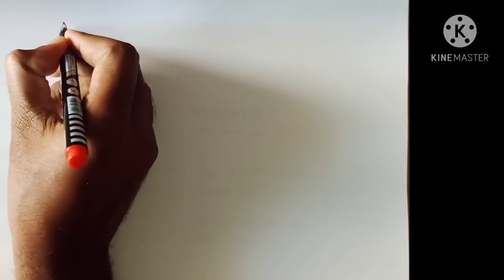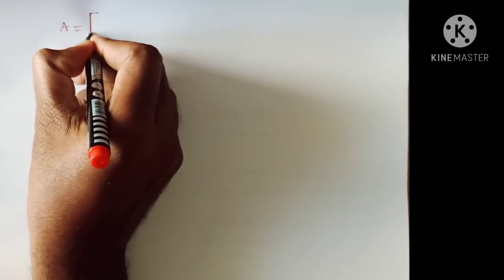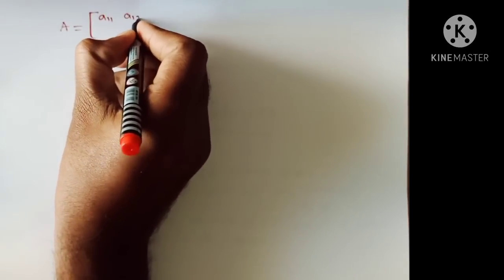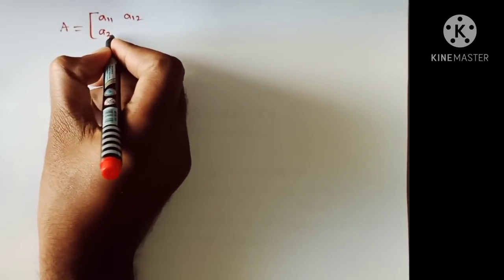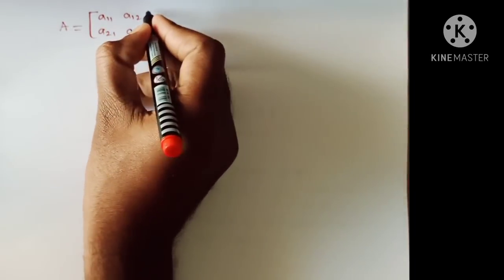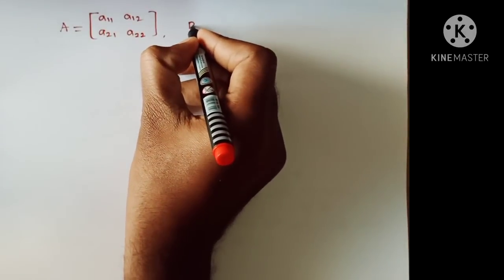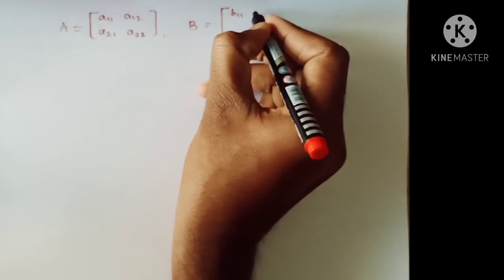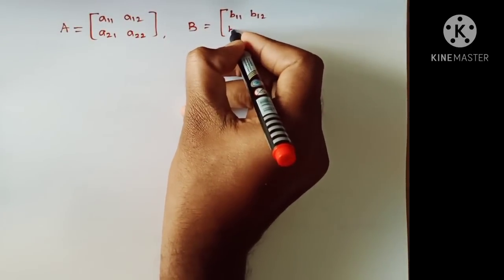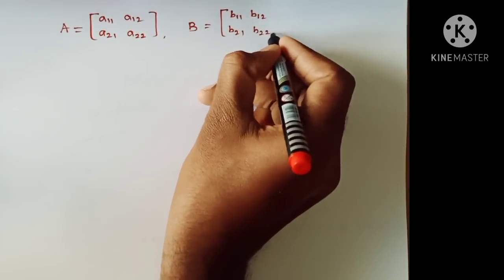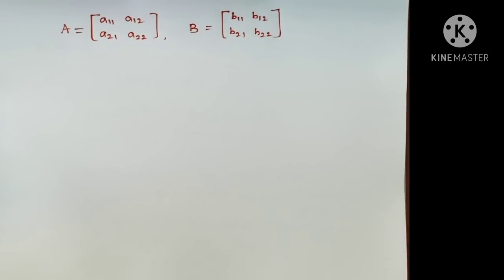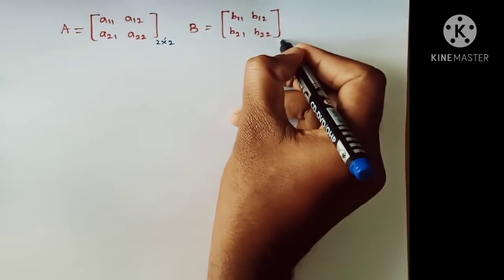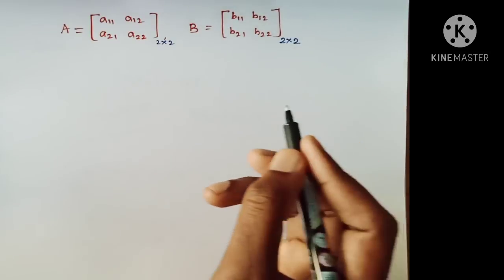Let us consider A as a matrix of order 2 with the entries A11, A12 and A21, A22, and another matrix B with the entries B11, B12, B21, B22. The order of the first matrix is 2 by 2 and the order of the second matrix is also 2 by 2.